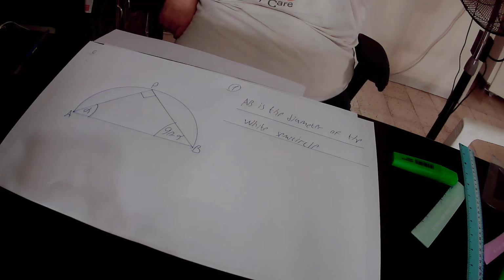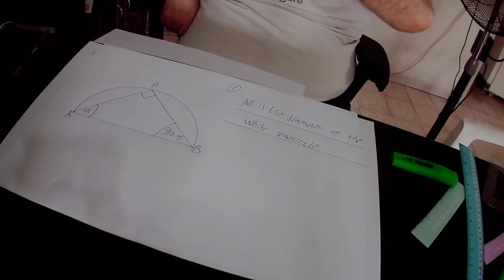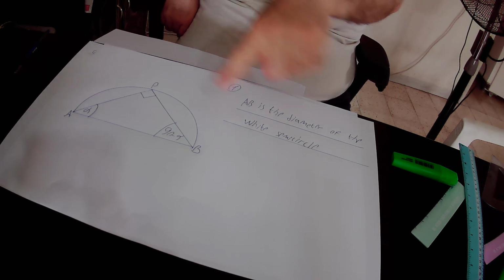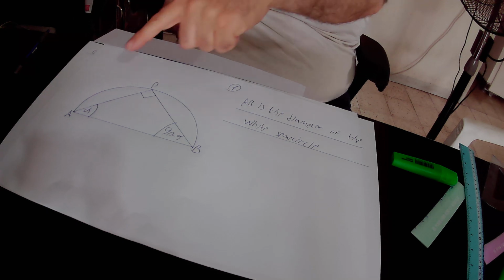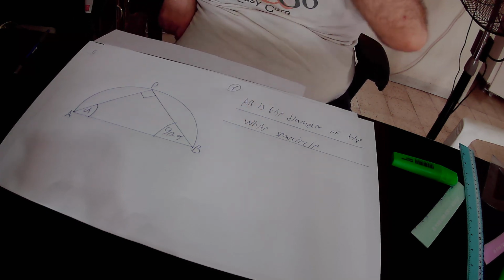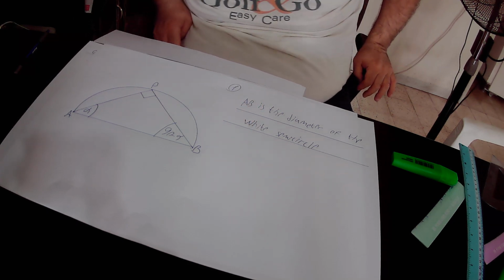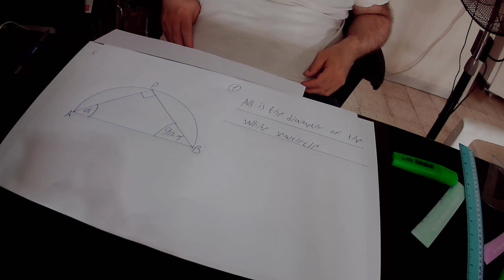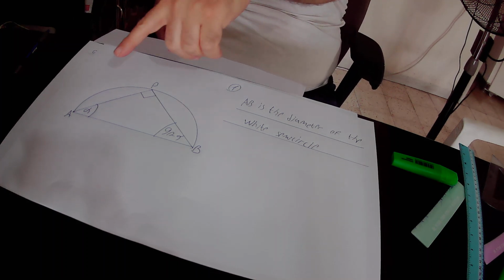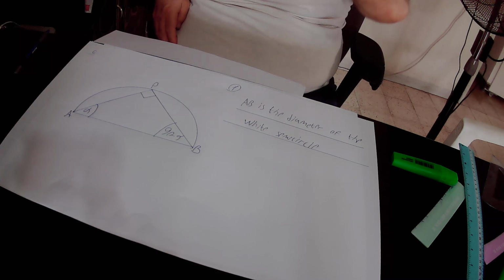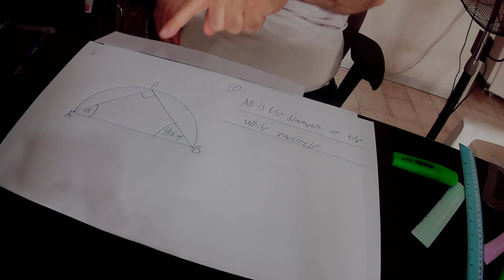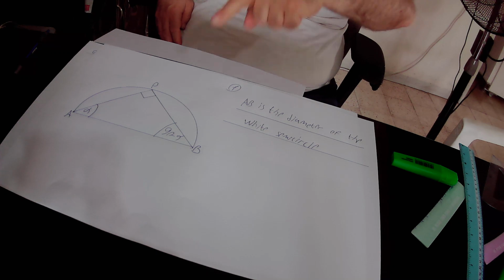AB is of course the diameter of this white semicircle, and by joining points P and B together by a straight line, we created a peripheral angle APB. Peripheral angle APB is subtended on AB, the diameter of this white semicircle, and therefore according to rule 7, peripheral angle APB must be equal to 90 degrees in its size.